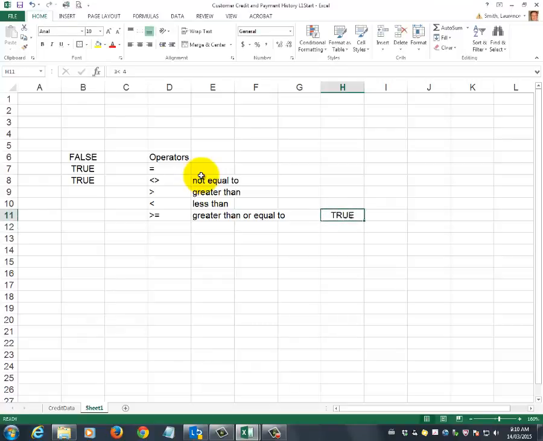True. How about is 3 less than or equal to 3? True, because the equal sign kicks in that case. So a final operator here is less than or equal to. I'll just change the word greater than to less than. All right, less than or equal to. So those are called operators.